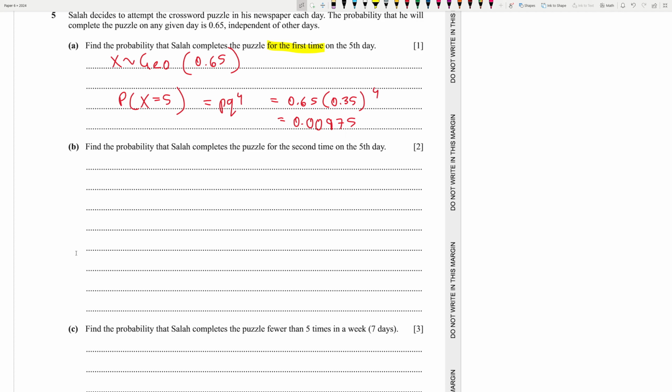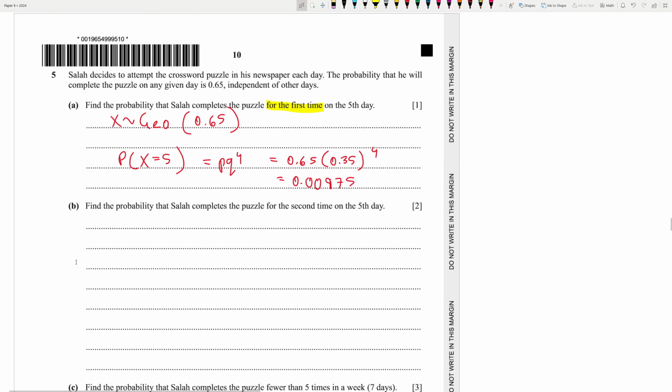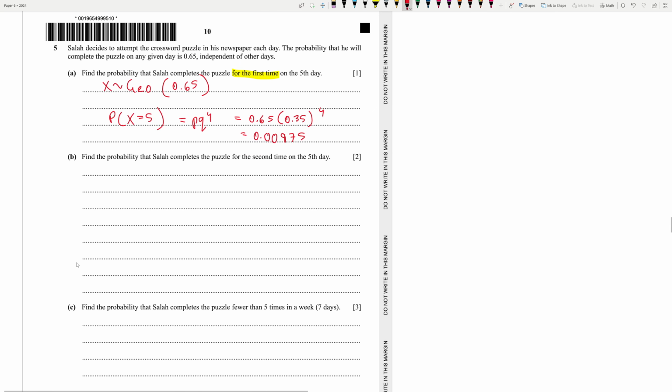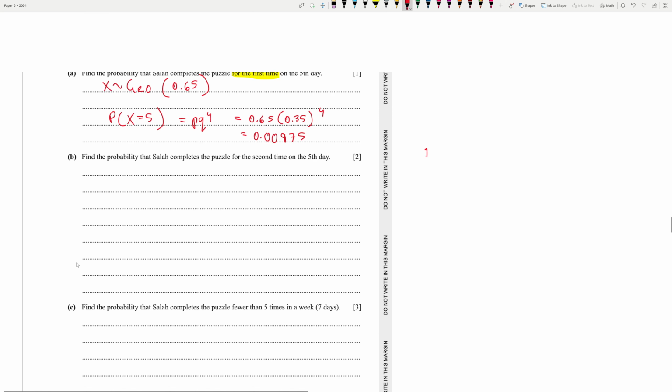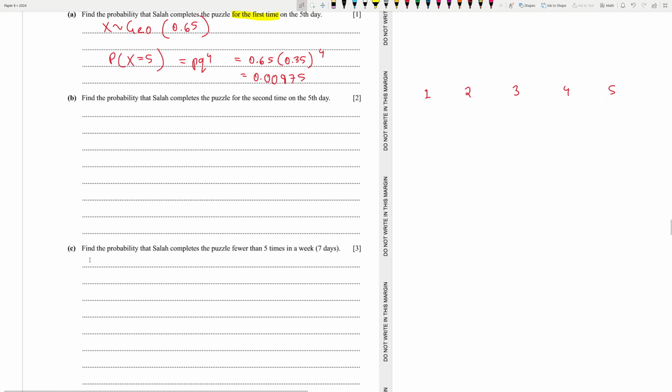Find the probability that Salah completes the puzzle for the second time on the 5th day. Okay, this is a bit complicated, but I've seen sums like this before. So first day, second day, third day, fourth day, fifth day. We get a success on the fifth day. Now here's the thing: the first success could be on any day.